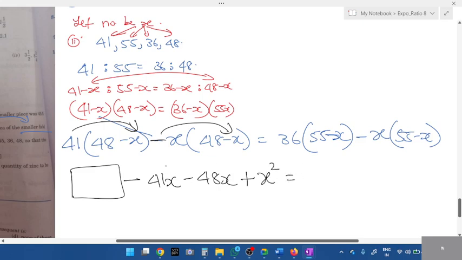In the same way, multiply 36 into 55, students. Complete this. First multiply 41 into 48. Write it from the beginning. Let the number be x.